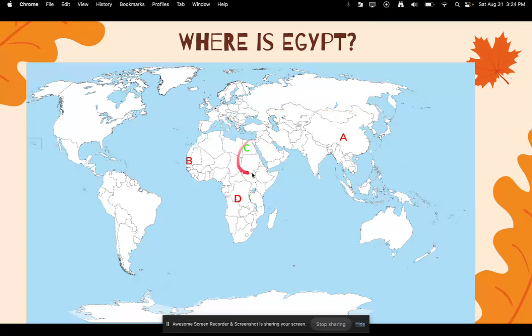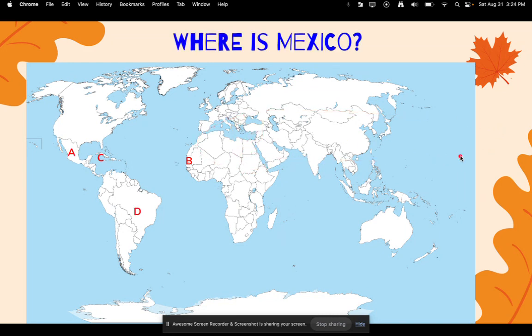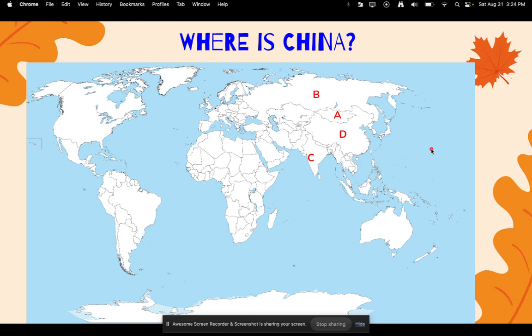Yep, that's where C is. Where is Mexico? Yep, right below the United States. They also have a lot of ancient civilizations. Where is China? Yep, it's going to be D, that giant country right there.